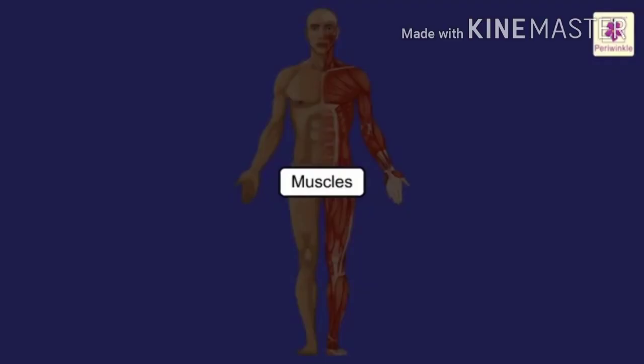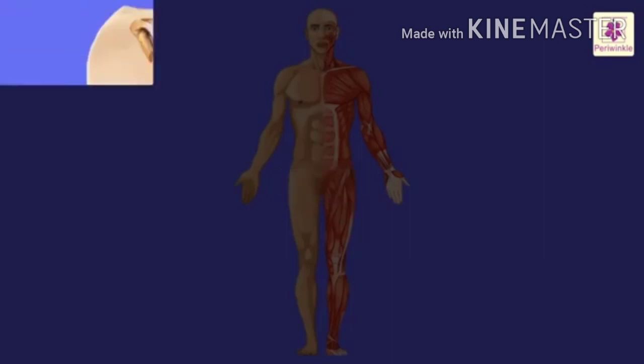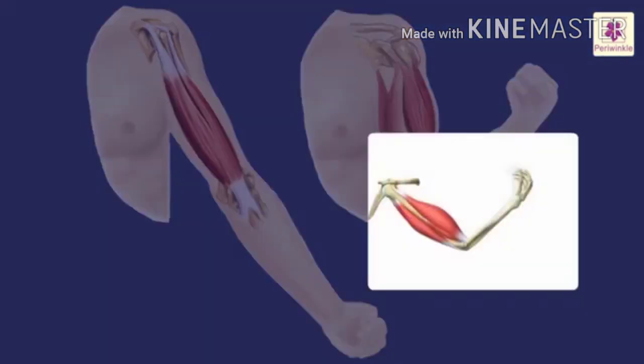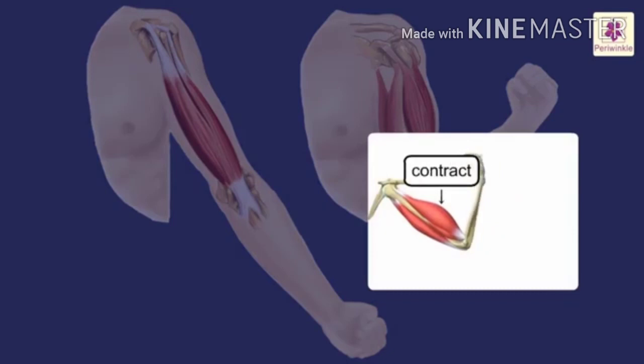Part of our body, that is the muscles. Our bones cannot move on their own. They are covered with body tissues that expand and contract, thus causing movement. These body tissues are called muscles.